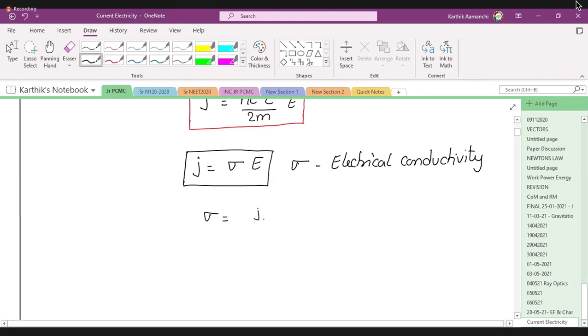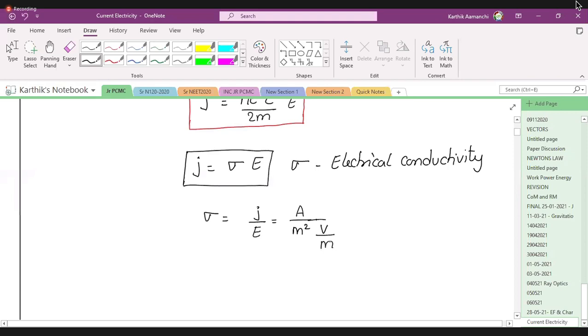Sigma is equal to J divided by E, isn't it? J is ampere per meter square, and the electric field is force by charge, voltage divided by meter.